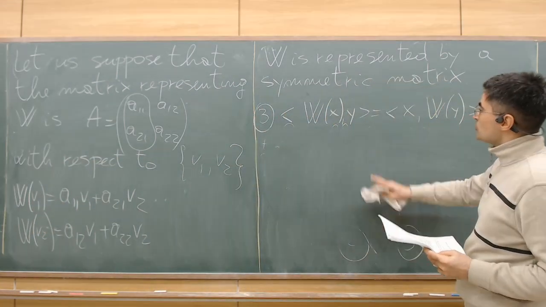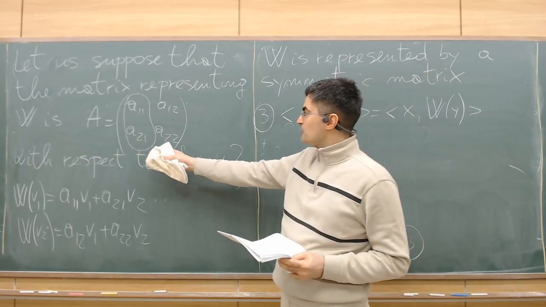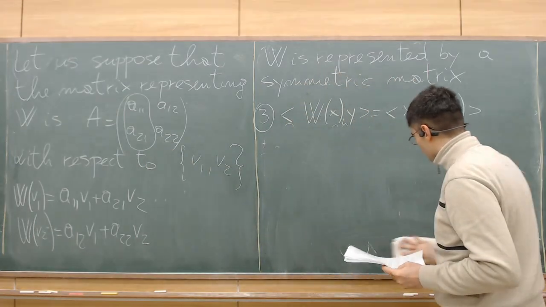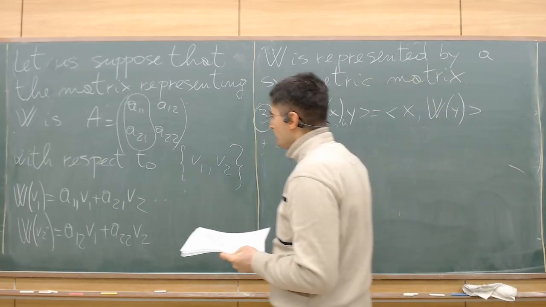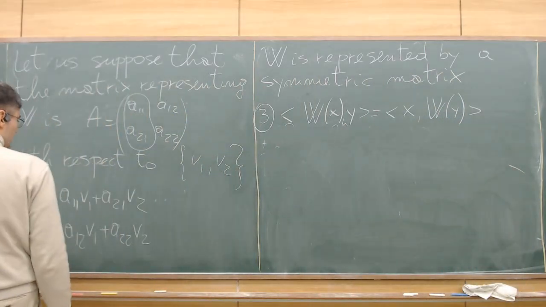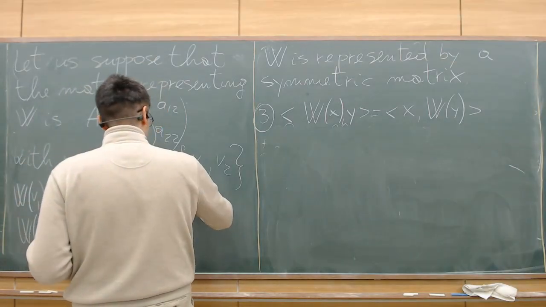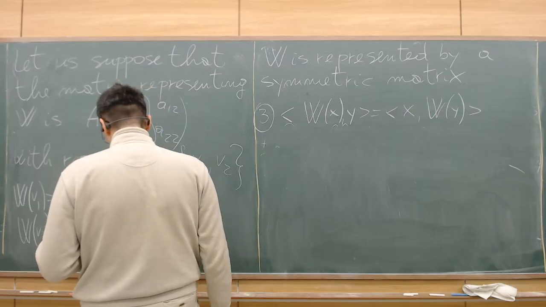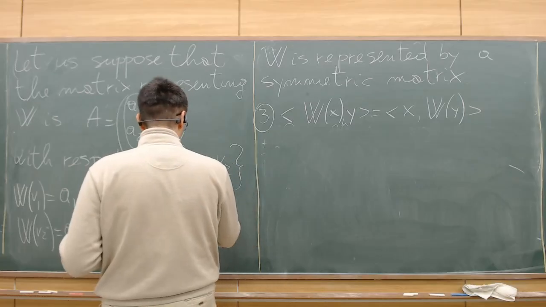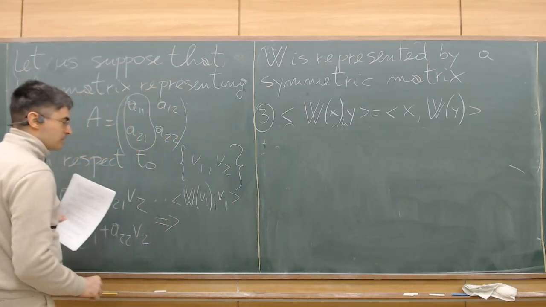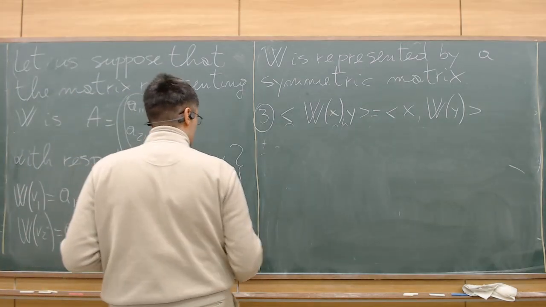Now we want to use this fact to prove that this is a symmetric matrix. In order to do that, we have to observe that if you consider W V1 multiplied by V1, you will get A11.